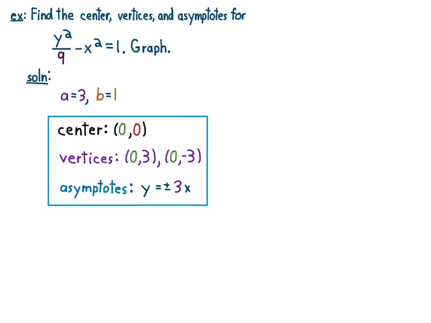Okay, the asymptotes, y equals plus or minus 3x. How do I know that, just offhand? Well, it's y equals plus or minus a over b. How do I know it's a over b? Well, one way to remember it is underneath the x squared here is b squared, right?